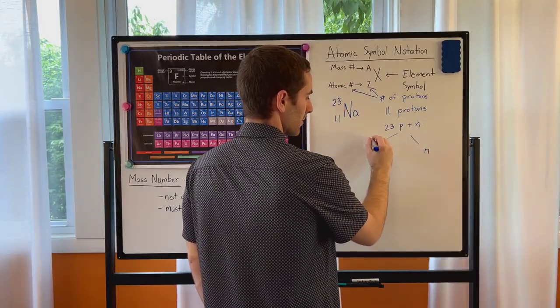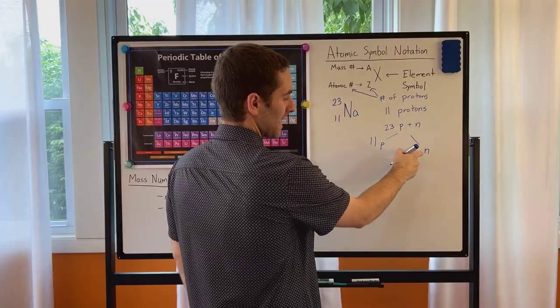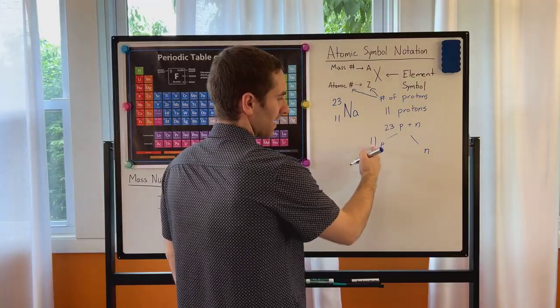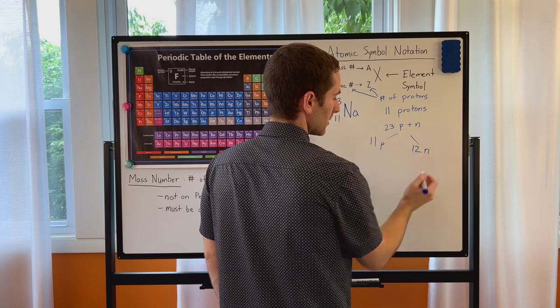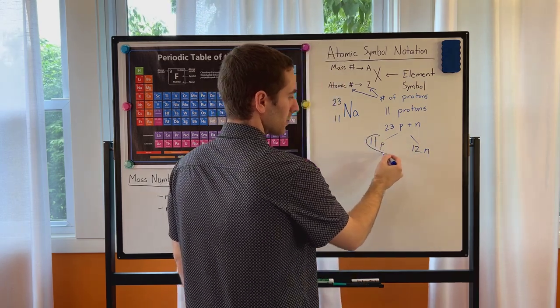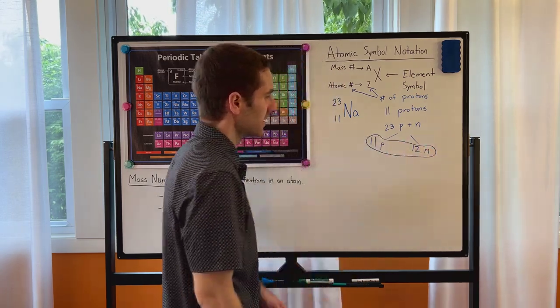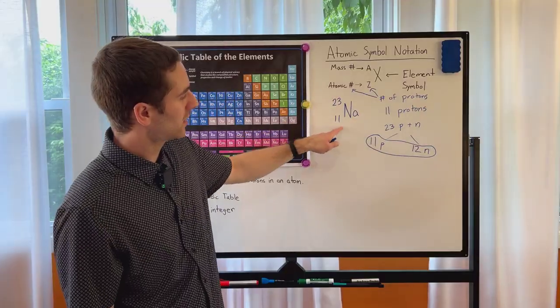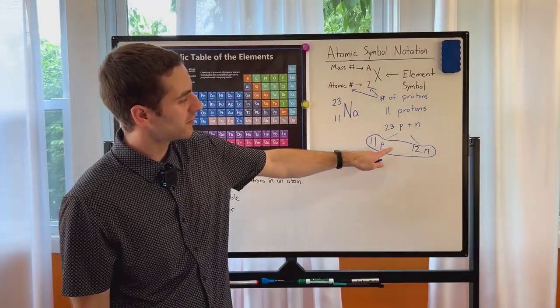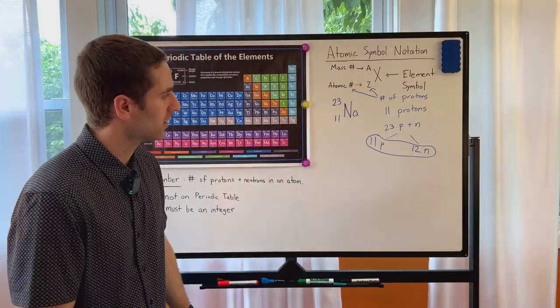We know 11 of them are protons, so the remaining 23 minus 11, which is 12, must be the number of neutrons. So if I see this notation, then I know that it has 11 protons and 12 neutrons.